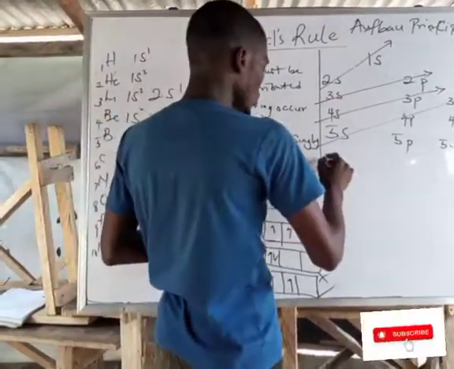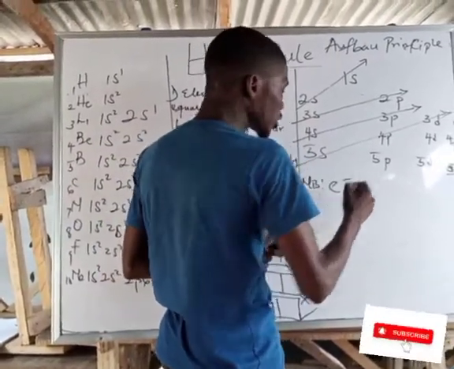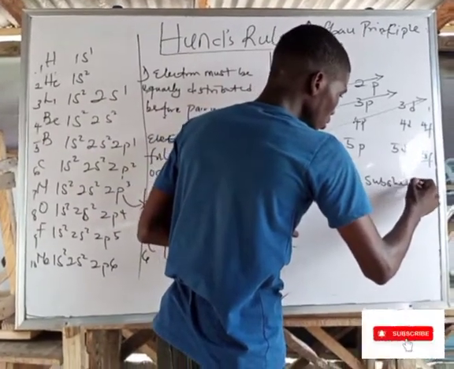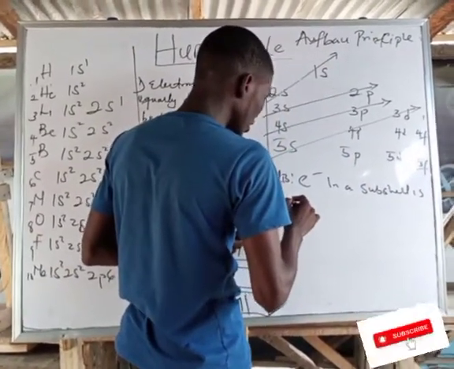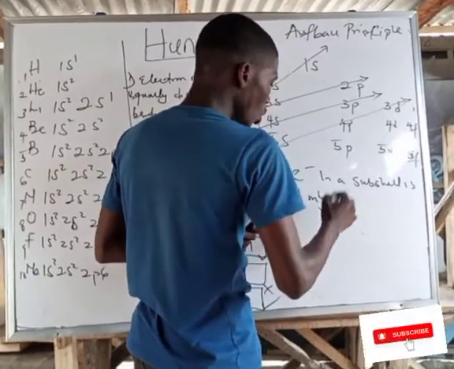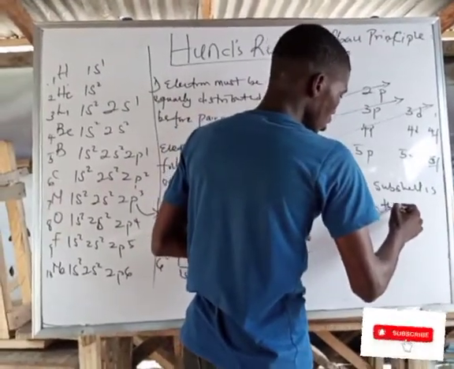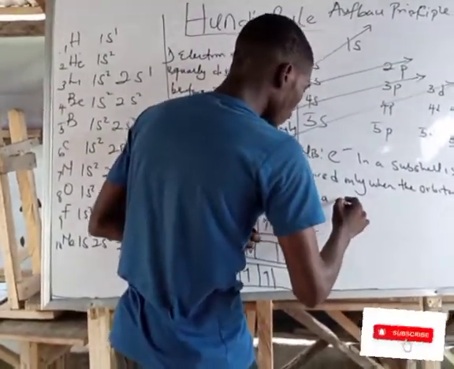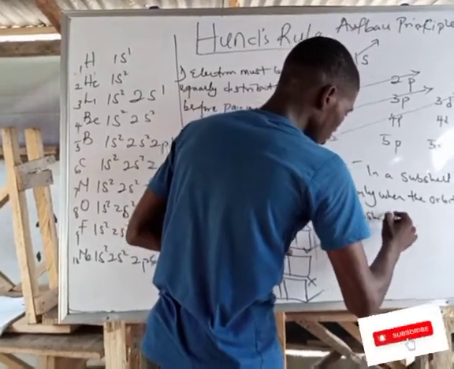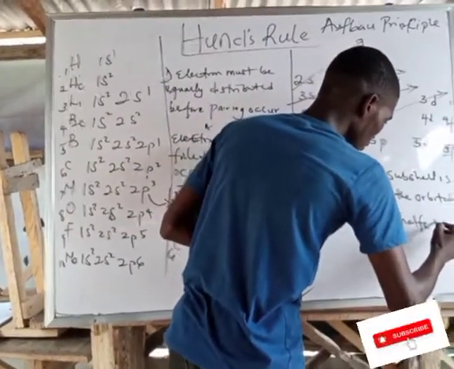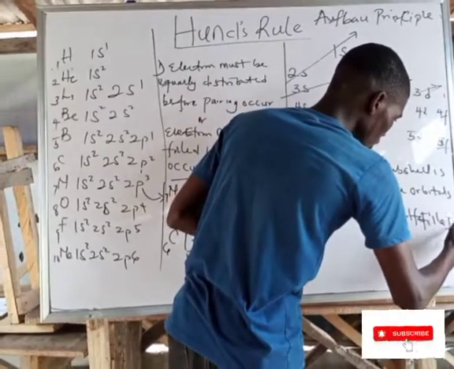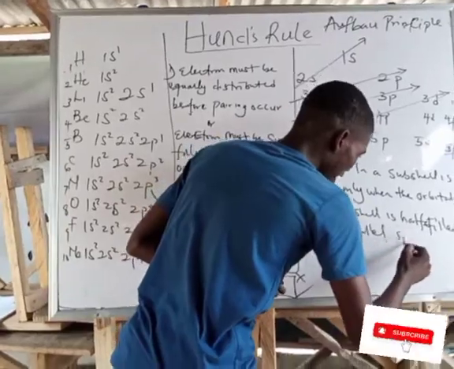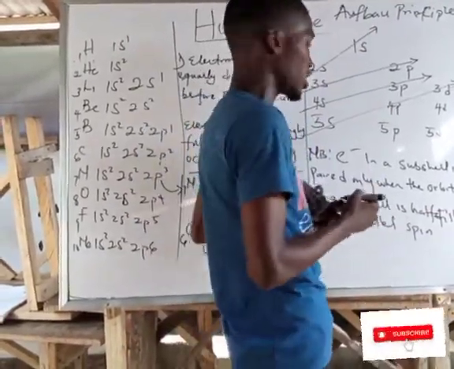So note: electrons in a subshell are paired only when the orbitals of the subshell are half filled with parallel spin. You must take note of this.